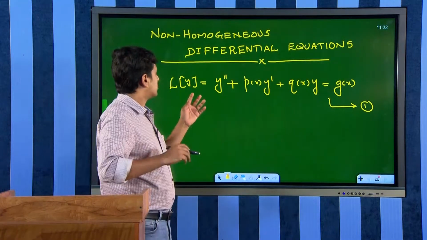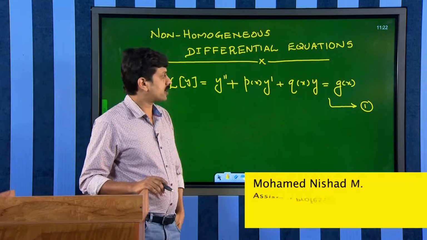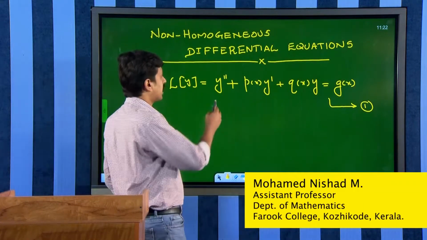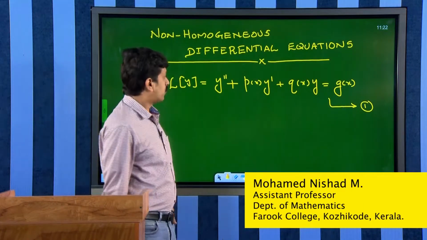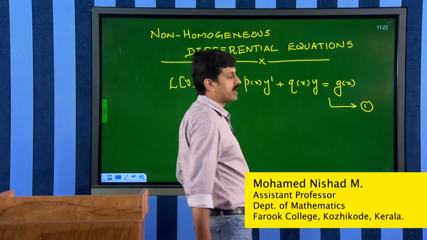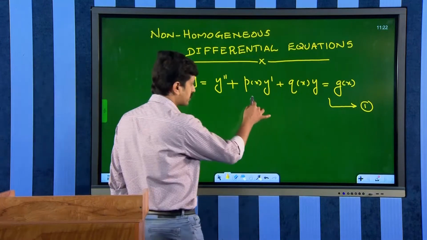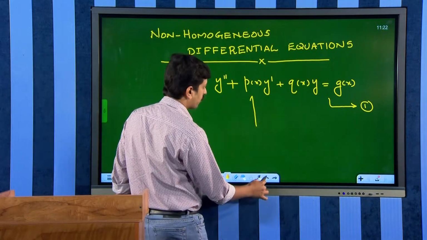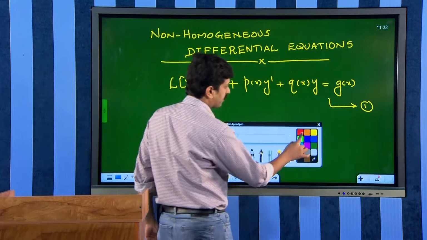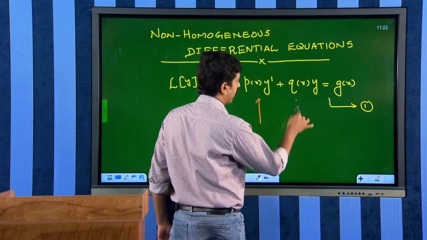We can consider a linear non-homogeneous differential equation as L of y equal to y double dash plus p of x y dash plus q of x y is equal to g of x. Here p of x, q of x and g of x are functions in x alone.